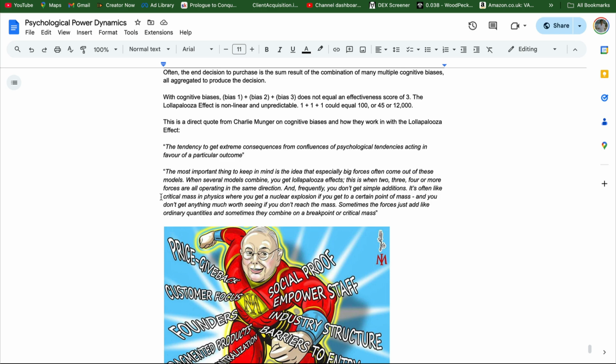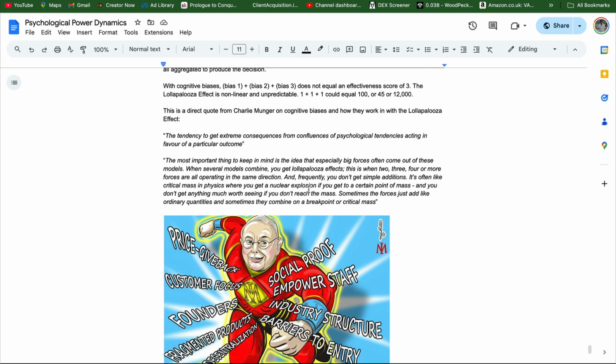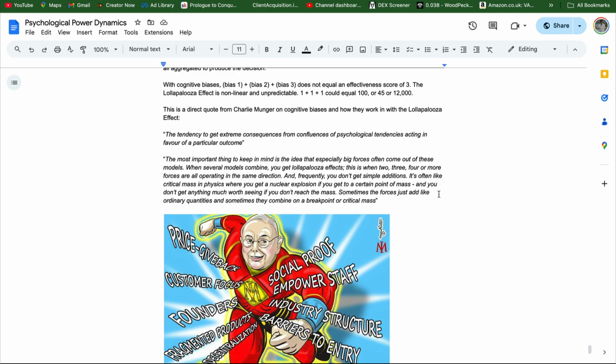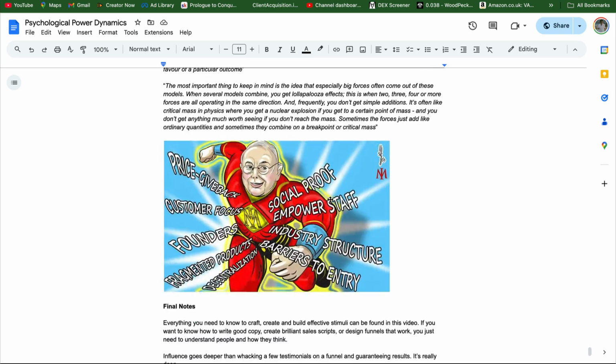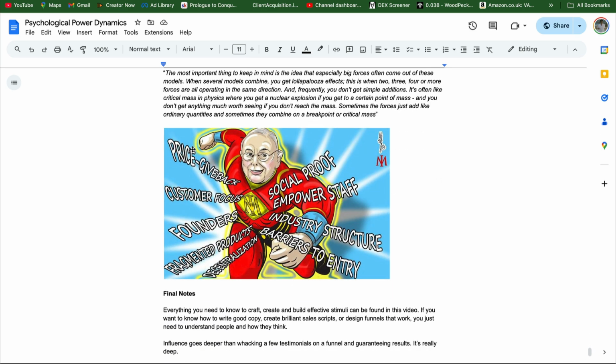It's often like critical mass in physics, where you get a nuclear explosion if you get to certain points of mass. And you don't get anything much worth seeing if you don't reach the mass. Sometimes the forces just add like ordinary quantities, and sometimes they combine on a breakpoint of critical mass, right? So by combining these things, you hit critical mass and therefore your stimuli will be more effective, right?